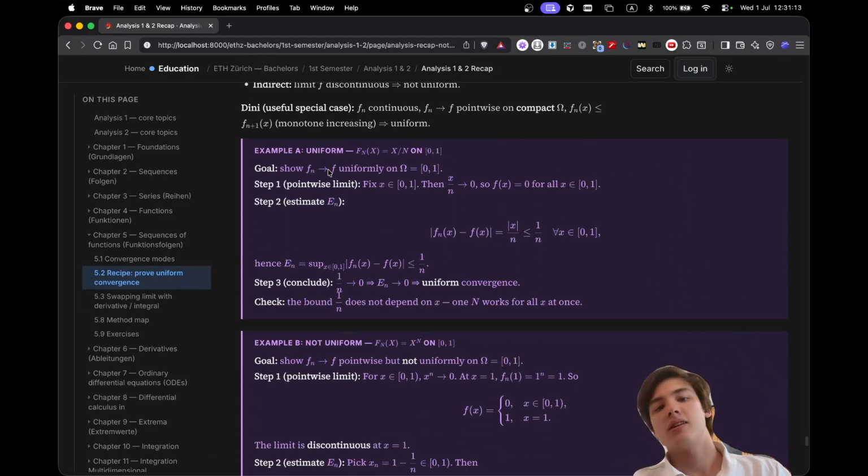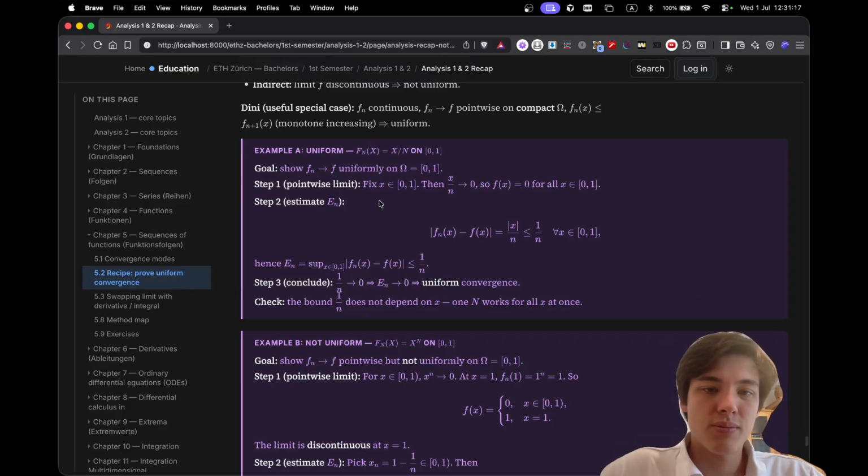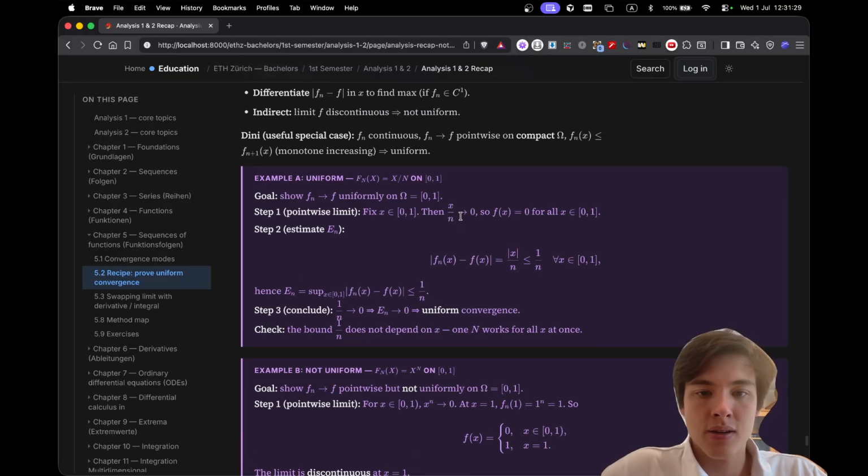So yeah, this is better. So we show it's uniform. First, pointwise, we fix x between 0 and 1. Then x divided by n goes towards 0.